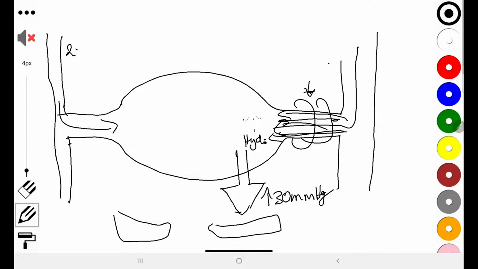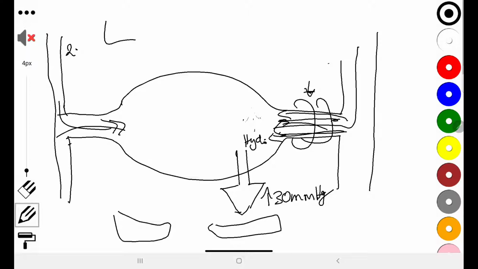In thrombosis, you have fluid coming back into the capillary, and because it's coming back to the capillary, you will have the capillary hydrostatic pressure increasing. Then you can also have right ventricular failure.